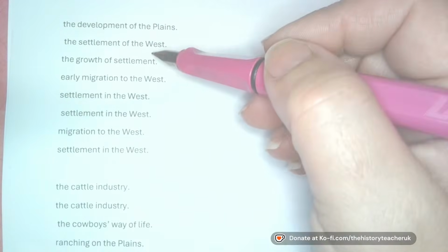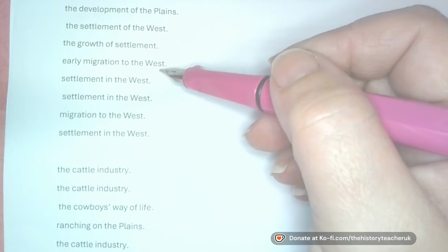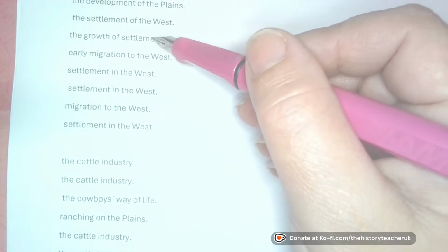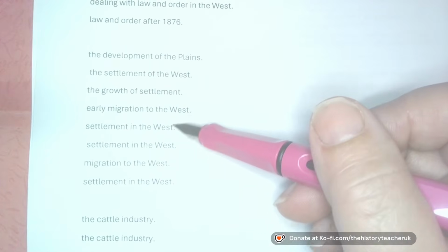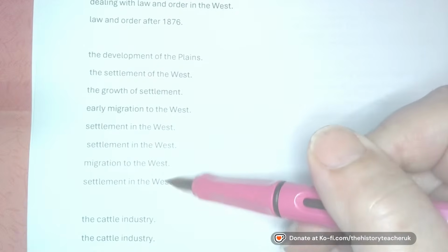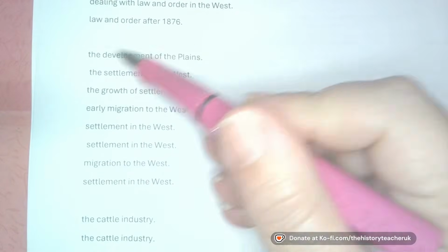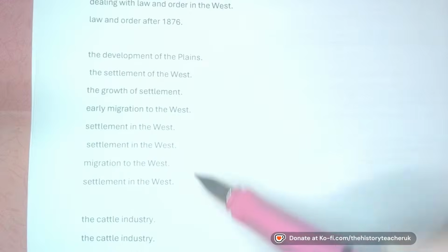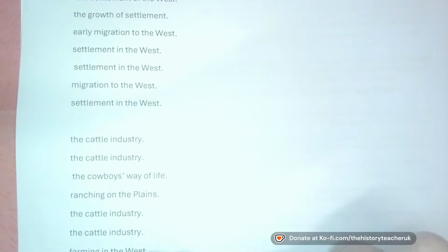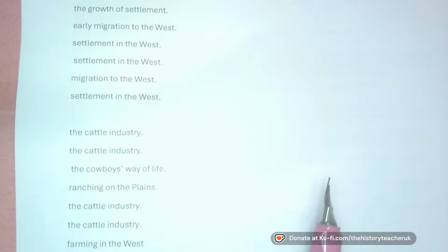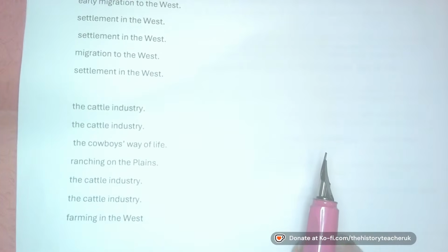The development of the plains, settlement of the West, growth of settlement, early migration to the West, settlement in the West, migration to the West. I would say, again, these are all kind of the same thing. And then finally, the cattle industry, cowboys' way of life, ranching on the plains, cattle industry, farming in the West, all very, very similar.